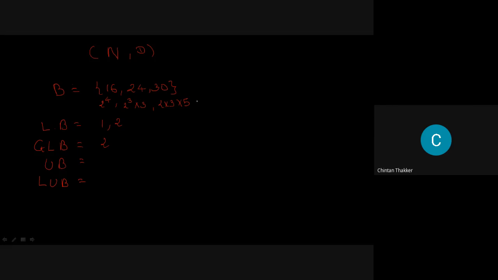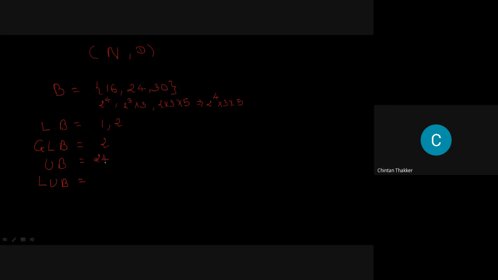We have LCM is 2 raised to 4 into 3 into 5. So 16 into 5 is 80, and 80 into 3 is 240.